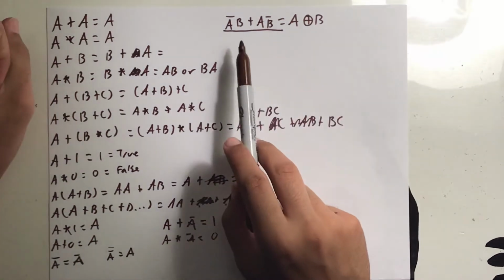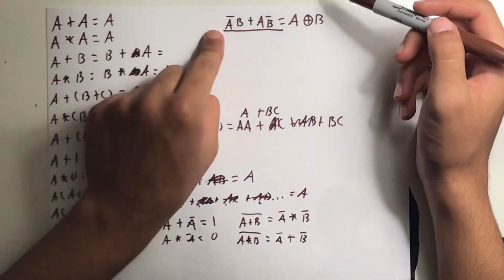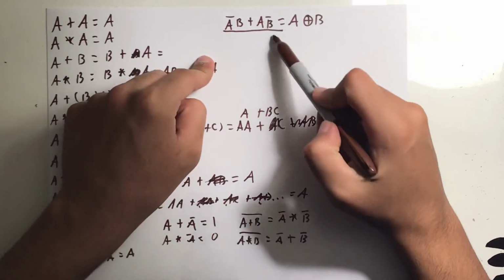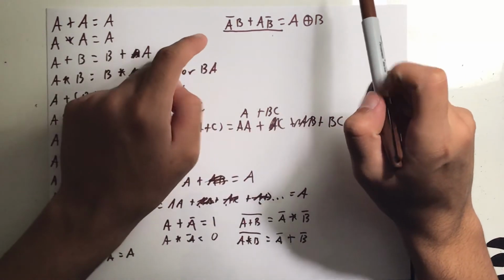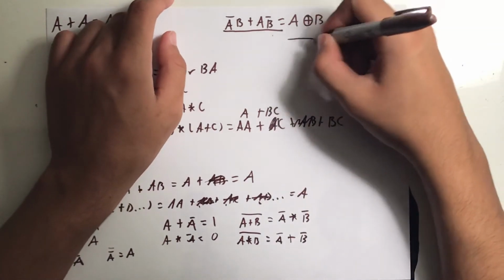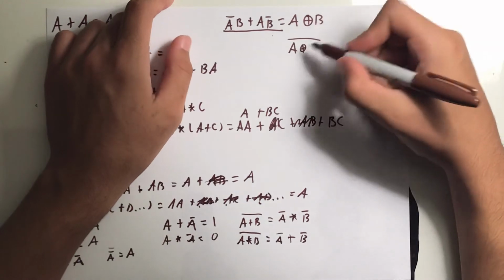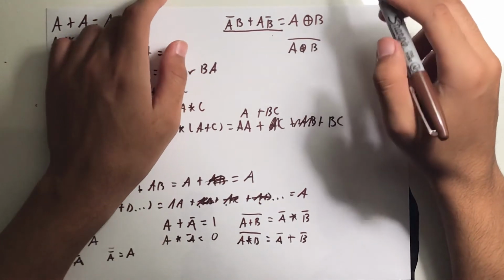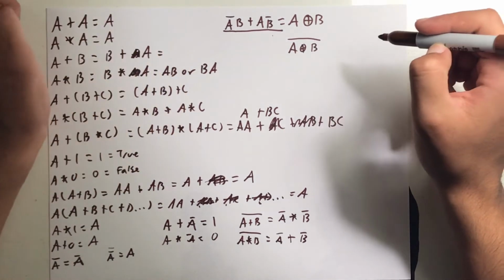The way I memorize this is the first one is being notted and the last one is being notted. The rest that are on the inside aren't. And let's say you want to do not, it's not and, it's exclusive OR, my bad. Or in this case, A exclusive NOR B.